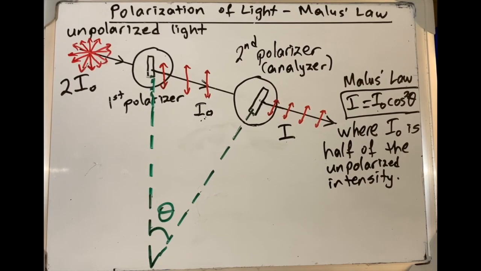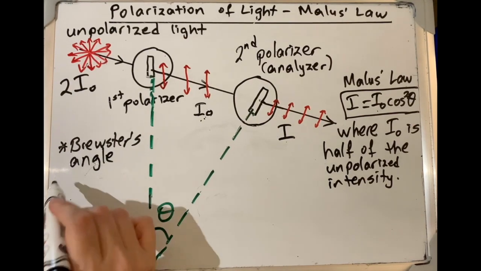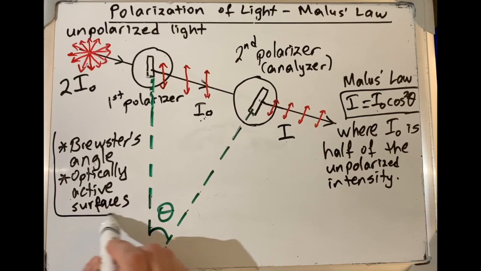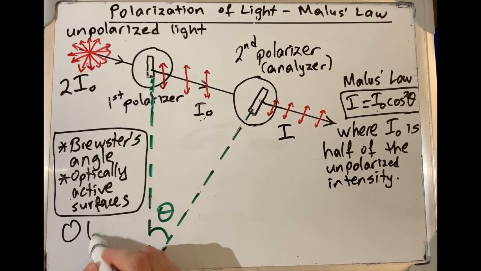Now at this point, I have two reminders for you. You might find in past papers questions that mention Brewster's angle and optically active surfaces. It's very important that you know that these two are out. So don't get caught on those questions.